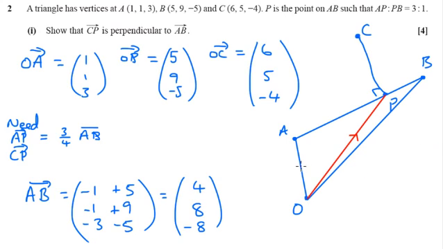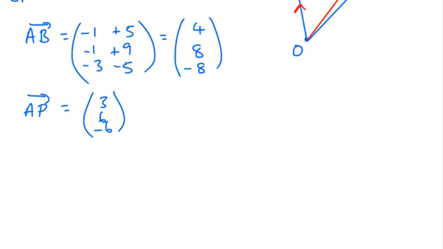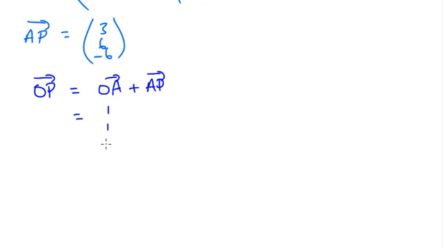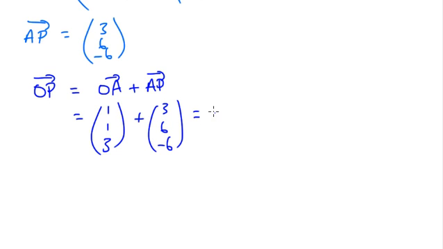O to P is going to be O to A plus A to P. So that's going to be our 1, 1, 3 plus this 3, 6, minus 6, which gives us 4, 7, minus 3.